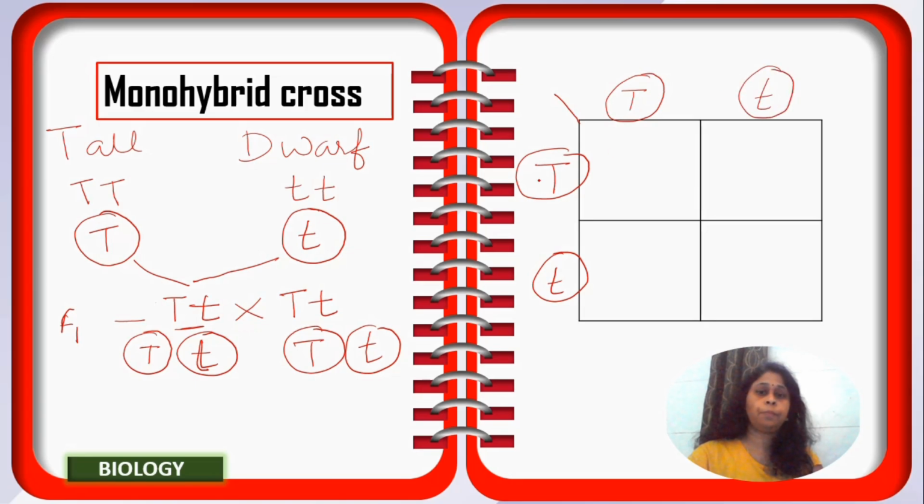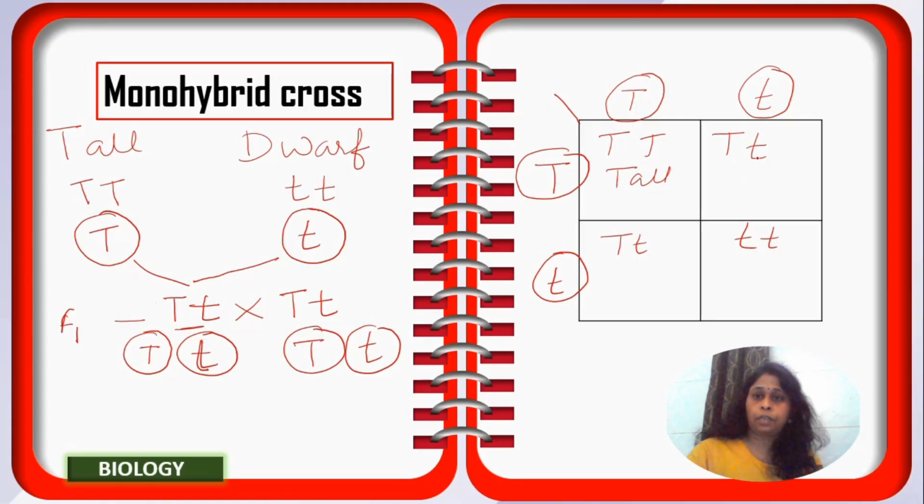Now what is the next step? We need to cross these. So capital T and capital T here, then capital T and small t here. Again we have to cross, capital T, small t, then small t, small t. So what is the resulting product here? Capital T and capital T is tall, what we can see externally, right?